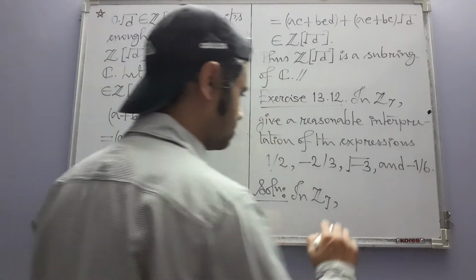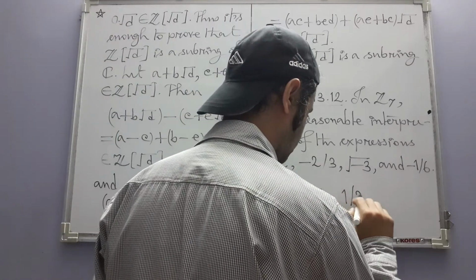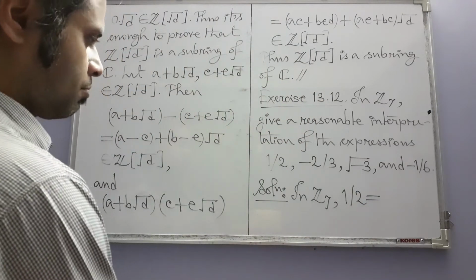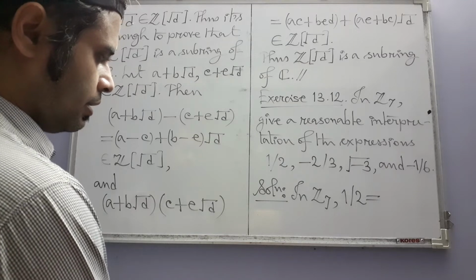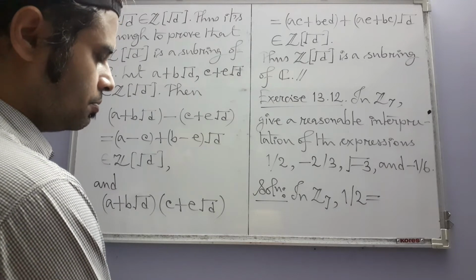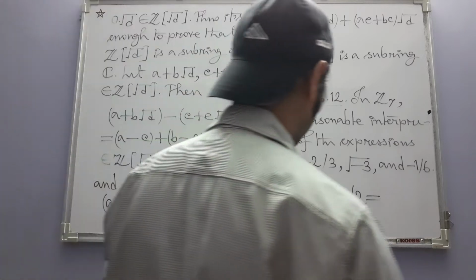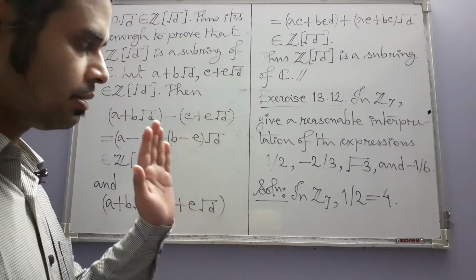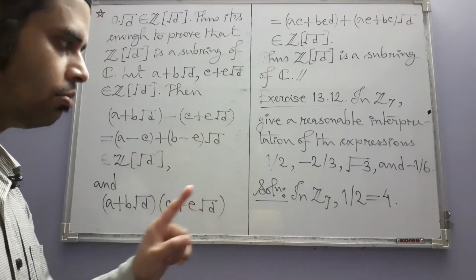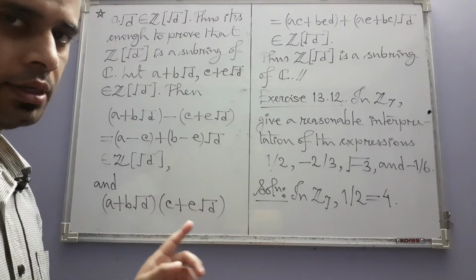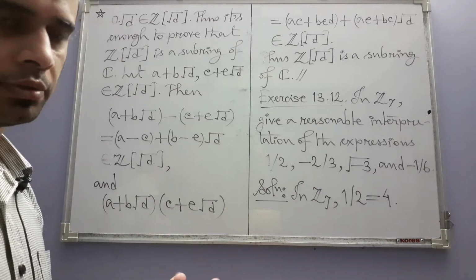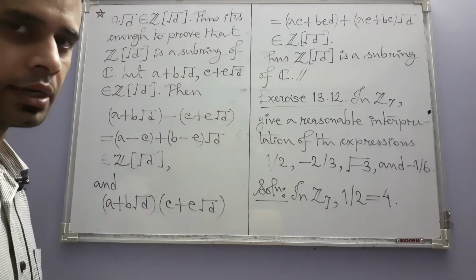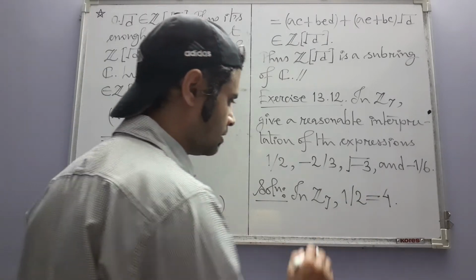In this ring, okay, 4 times 2. As an element of Z7, 2 in fact has an inverse, and that is why 2 is a unit, because in this ring 2 times 4 is equal to 1, and 1 is the unit element in this ring, the unity in the ring.